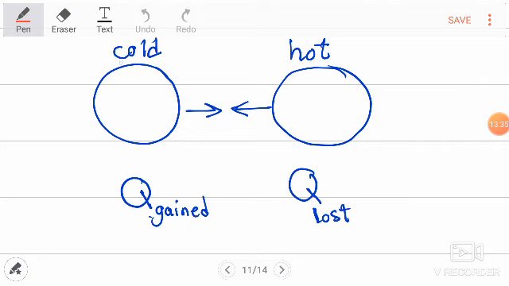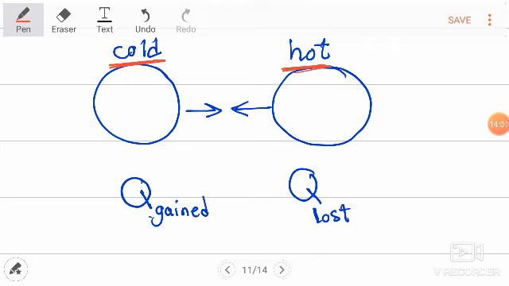If you have a cold object and a hot object, they are placed in thermal contact, put with each other. We notice that the amount of heat gained by the cold object equals the amount of heat lost by the hot object.